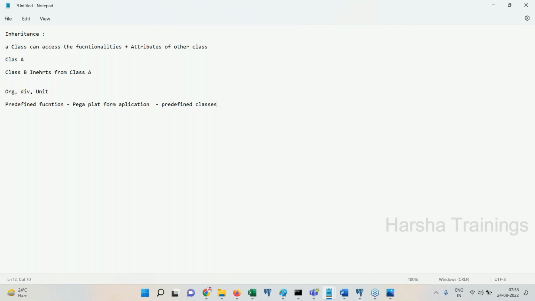There are some functionalities provided. I will create my application, and my functionalities will be in my application classes. Also, I want to access the functionalities of the Pega platform application as well, so that my work will be done faster and easier. So this is the need. How to achieve this? With the concept of inheritance only. That I will explain tomorrow because it cannot be finished today.